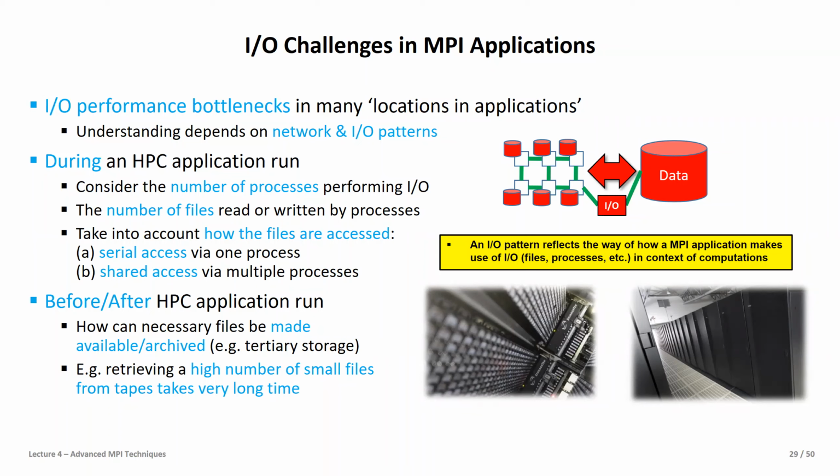So we need a smarter mechanism for access to this data file, whatever it is, on these disks away from the compute nodes, which is smarter than doing it in a serial fashion. And this is really something called the I/O challenge. Because a serial access would not be very good. It is a shared access by so many different multiple processors.